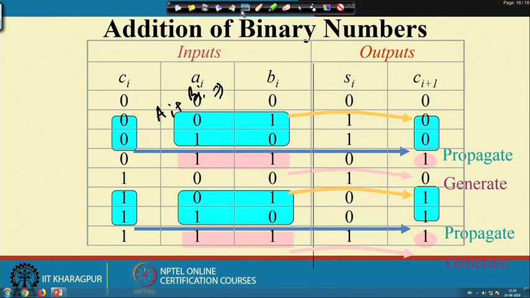So, at this particular point, this is A I XOR with B I, correct, for this propagation.